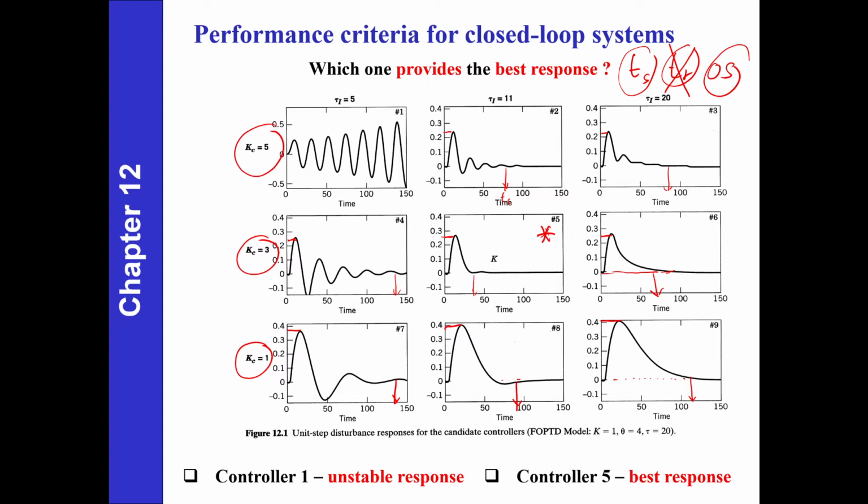Okay? So in general, when Kc is increased, or tau I is decreased, the response is more aggressive. Aggressive means more oscillation. Okay, more oscillation.